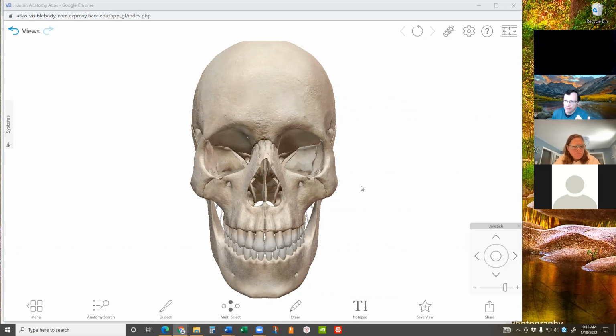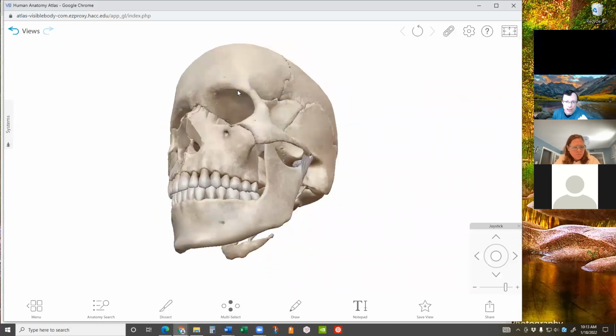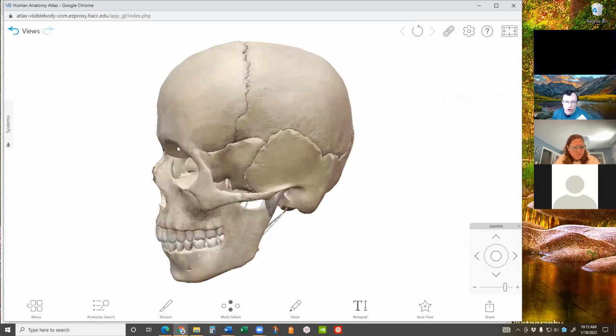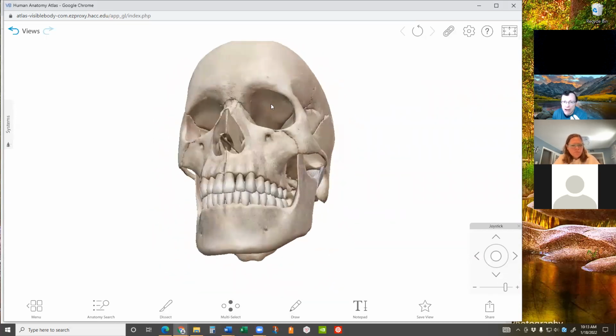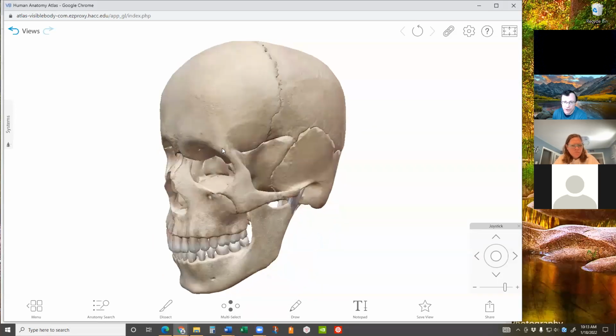If you have a standard mouse with a left mouse button, you should be able to click on the left mouse button and hold it to rotate the skull around. So here, go ahead and try to rotate the skull around, clicking on the left mouse button of your computer.